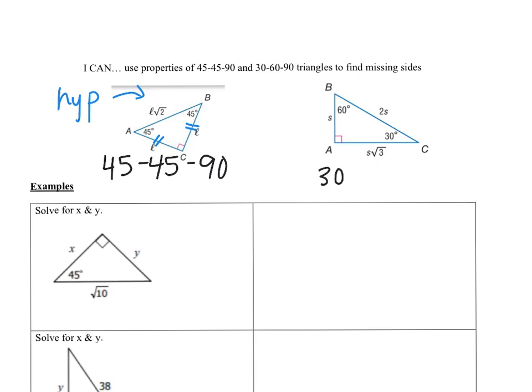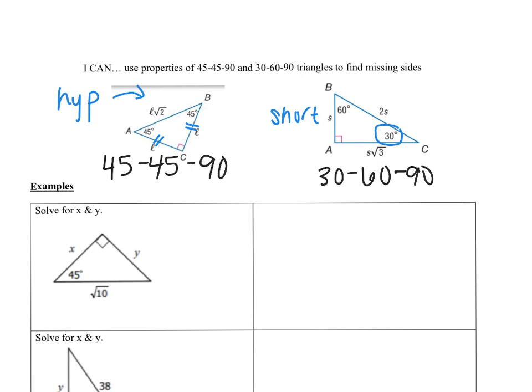In our 30, 60, 90, we have the short side, also called the short leg. It's the shortest leg in the triangle, and the shortest leg is always across from the smallest angle.